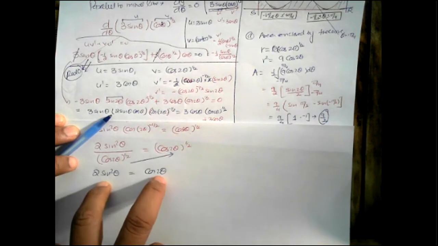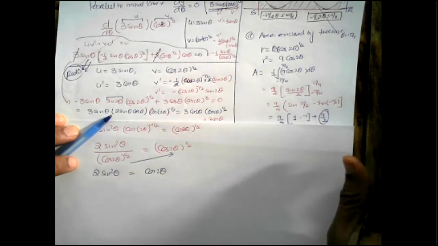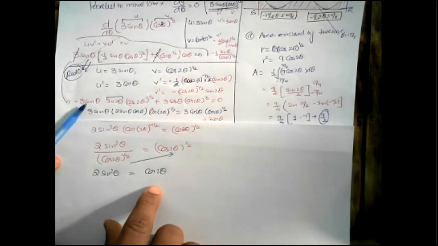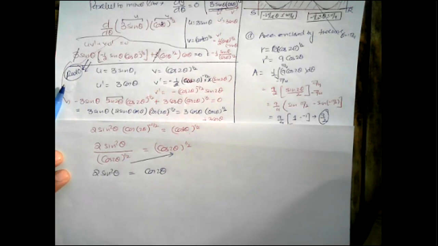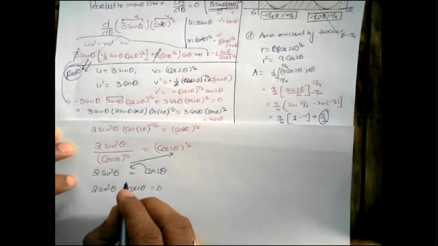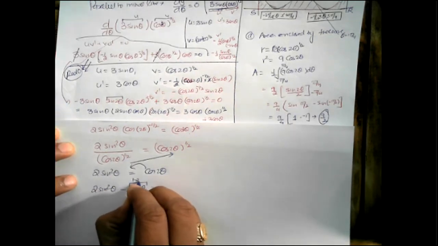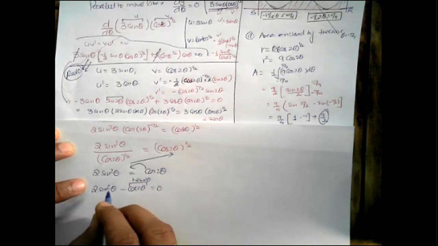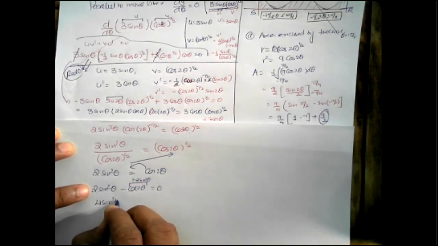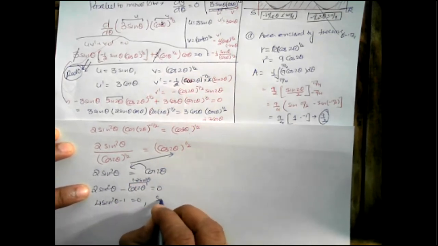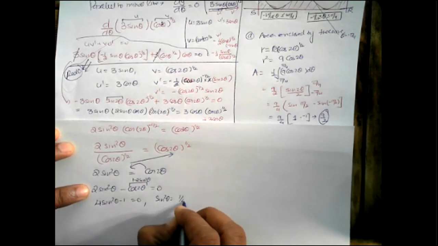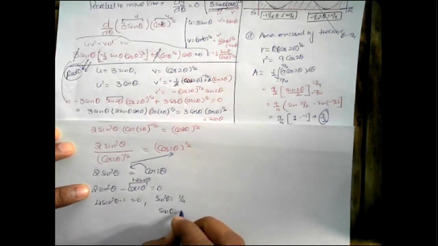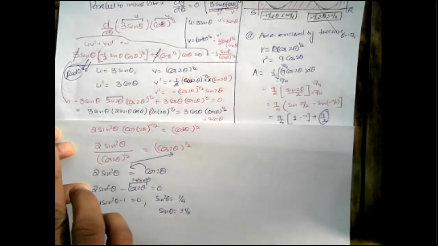Now we're going to try and solve this equation. I'll try and change cos 2 theta into sine squared form. So cos 2 theta is 1 minus 2 sine squared theta. So I get 4 sine squared theta minus 1 equals 0. So sine squared theta equals 1/4, so sine theta equals plus minus 1 over 2.